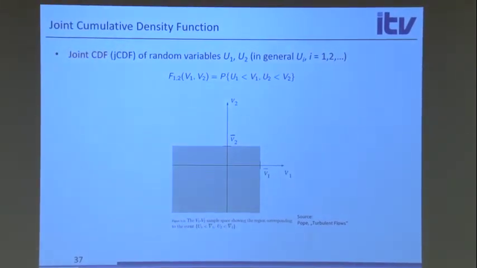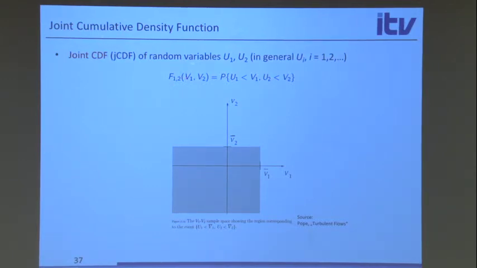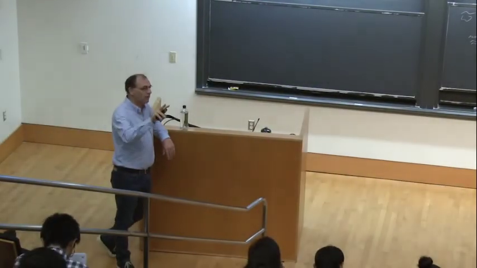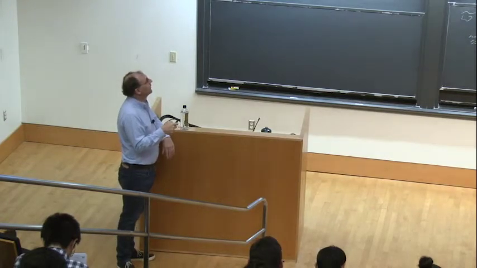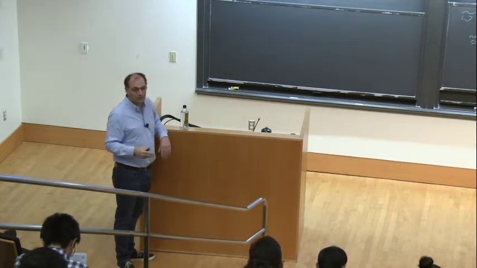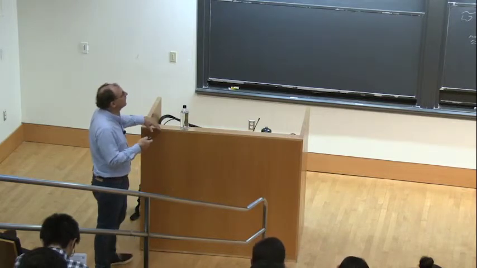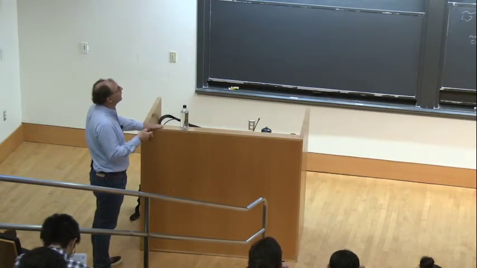So the joint PDF, or here the joint CDF, does nothing else but look at 2 events at the same time. Earlier we said one event is true or false, and here we look at both events. If both events are true, then it's true, and if one of them is not true, then it's false. It's very simple, just the same thing, really.